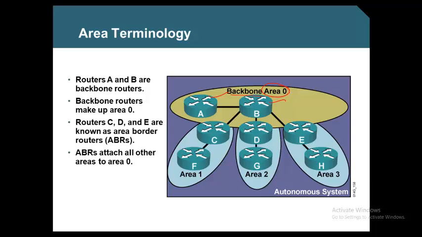What about C, D, and E? They are in between area 0 and non-backbone. So they get a unique name called ABR, area border router. I want to say something here. There is no command specific to say one router is an ABR.